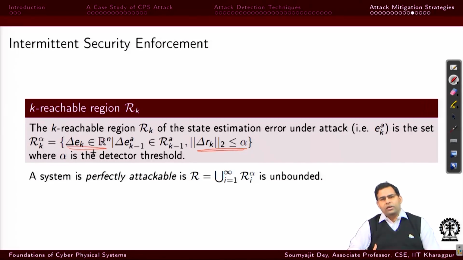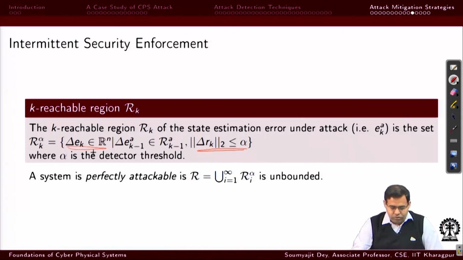So, then this region inside which I have all the possible state estimation error values will also increase, and eventually it may cross those safety boundaries, which I do not want to happen, right.